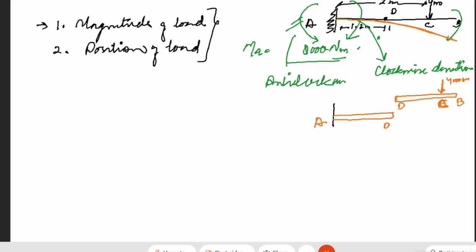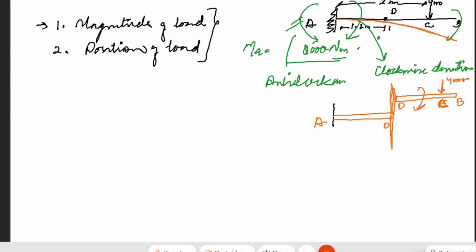We need to understand that the part DB, the right hand part, is free to rotate about this point D. Load on the part DB will cause this part DB to rotate. In which direction? It will cause it to move in clockwise direction about D.